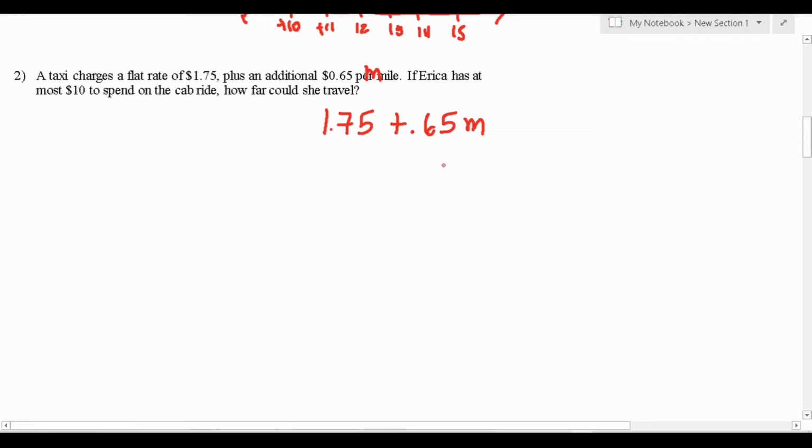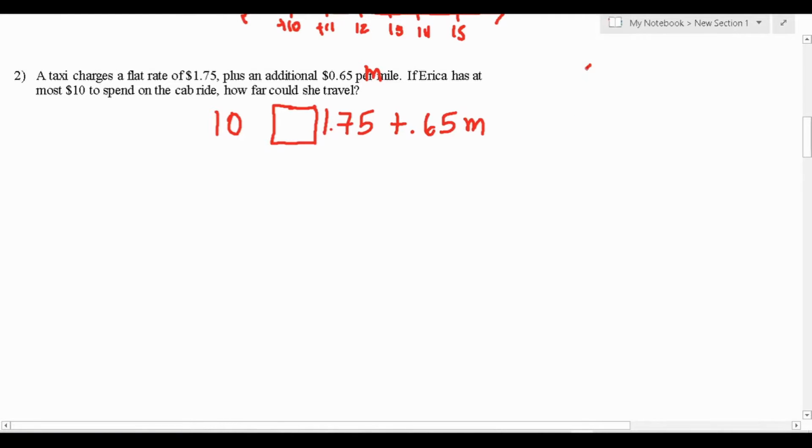So we've written the right-hand side of this inequality. That said, we still have to come up with what inequality sign we're going to use. And similarly, we have to know what's on this left-hand side. We're told simply that she has $10 to spend, so we know that 10 is going to go over here. Now, in this case, she can spend up to $10, including $10, on the cab ride.